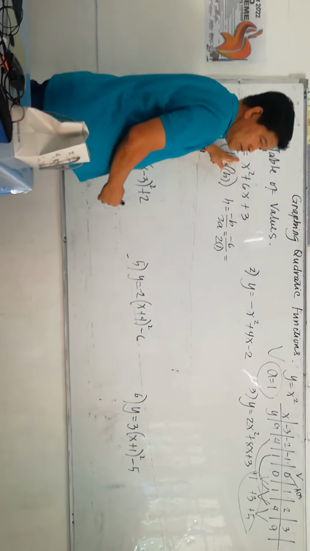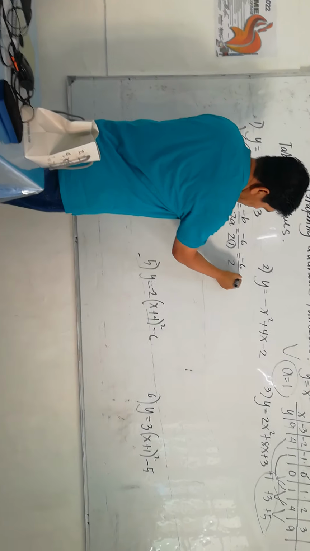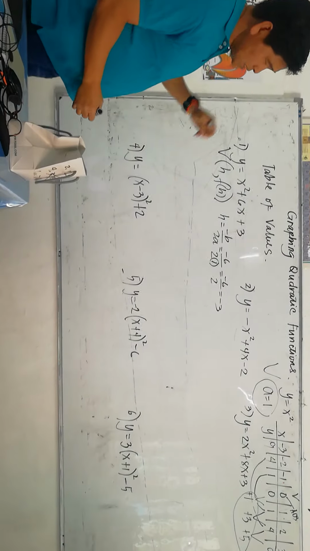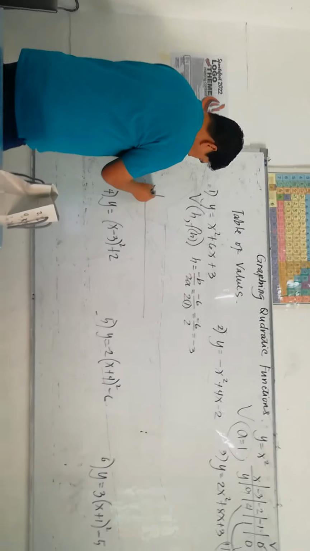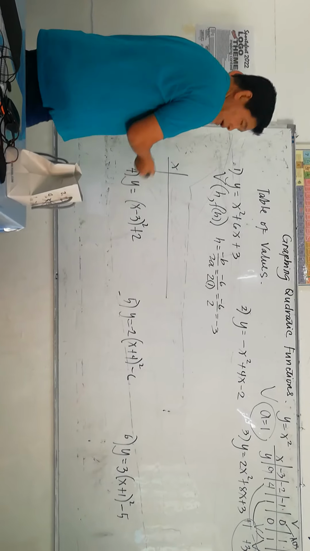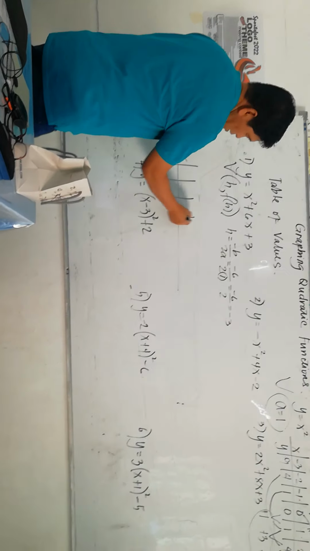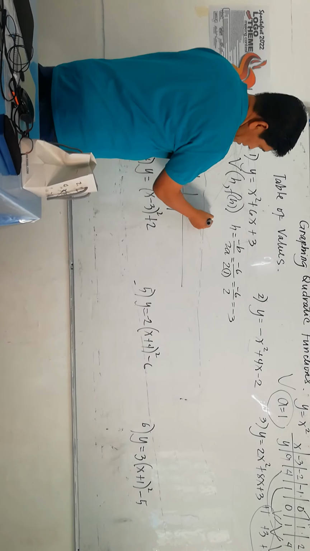So what is now the value? That is negative 6 all over 2, which is equal to negative 3. Now, if that is negative 3, then your table of values has x and then f of x or y. 1, 2, 3. This is for the left side of your vertex.